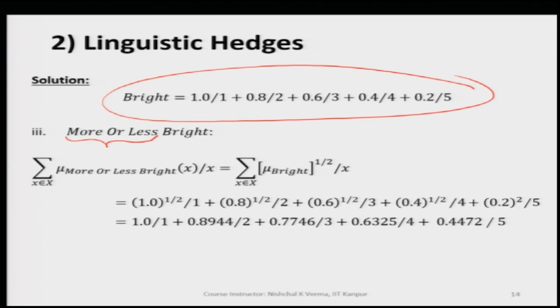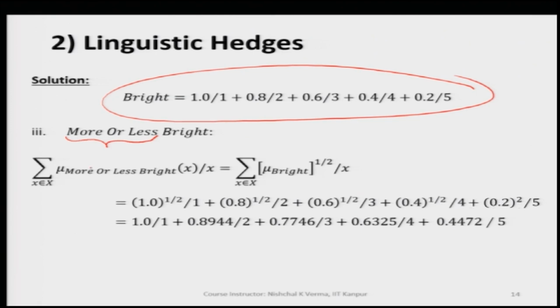So, in case of the continuous fuzzy set, we simply take mu x raised to the power 1 by 2, whereas if it is a discrete fuzzy set, we simply take the square root of all the respective membership values. And here also we will not touch any of the generic variable values. So, all the generic variable values will remain unchanged.